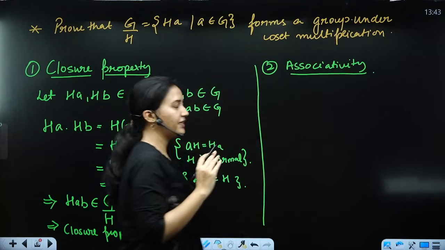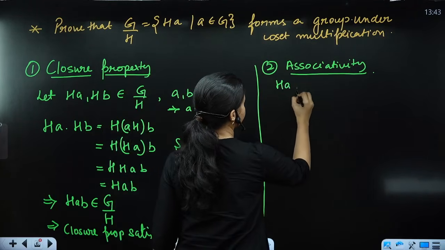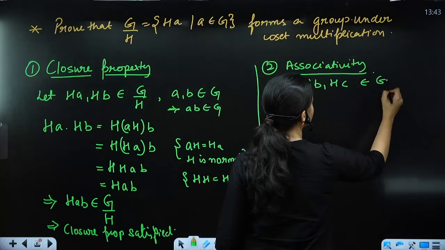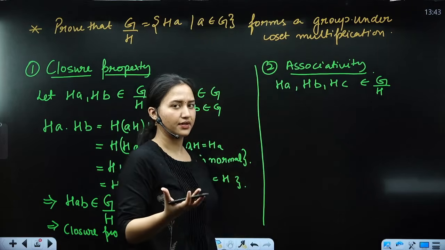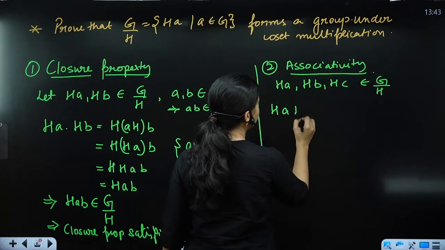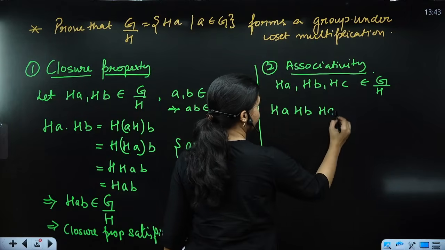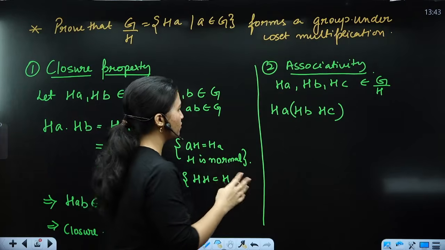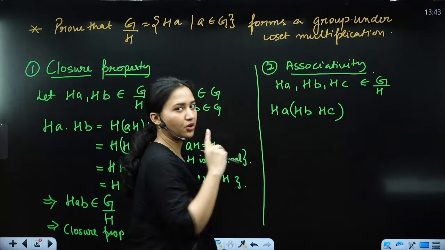All right. The second one is your associativity. Now for associativity, you need three elements. That means you need three cosets. HA, HB, HC belong to G/H are the three elements that we have taken from the quotient set, right? So now I want to check if the order of coset multiplication matters or not. ठीक है, इसको हम एक तरफ से सॉल्व करते हैं and we'll end it up on the दूसरा side where HA and HB are going to be operated, right?